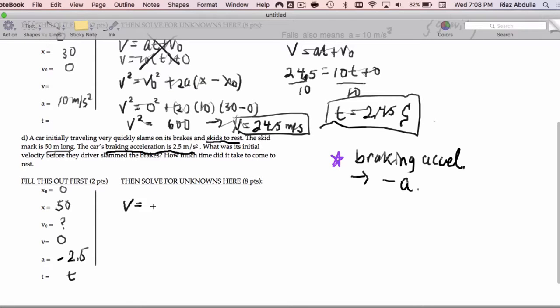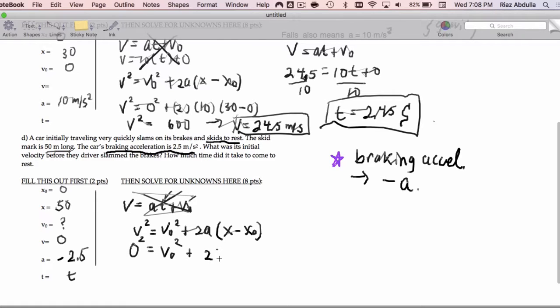So v equals at plus v naught. Well, we don't know the time and we don't know this, so that's not going to work. All right, let's try using v squared equals v naught squared plus 2 times a times x minus x naught and putting in our numbers. So 0 squared equals v naught squared plus 2 times negative 2.5 times 50 minus 0.